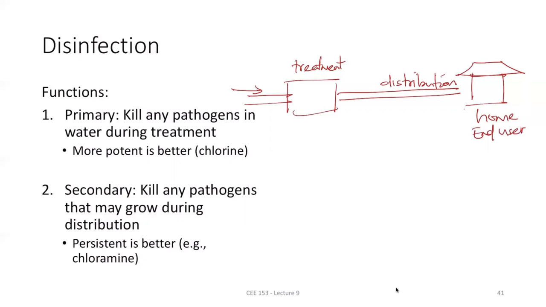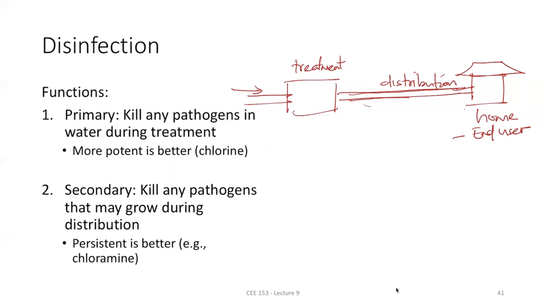Even though you have clean water, these pipes can be contaminated because bacteria can grow in the pipes. So even if you are treating the water, when you release it, it might pick up pathogens from the system, like what happened in Flint.